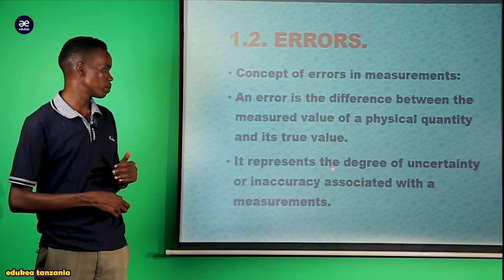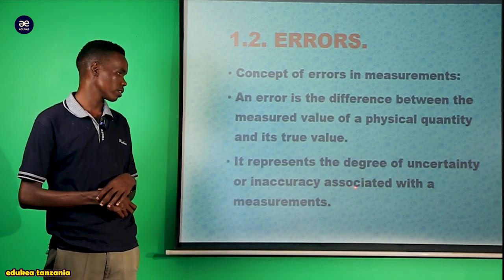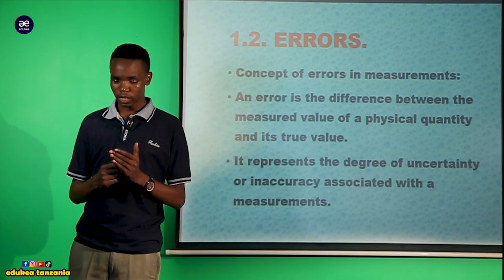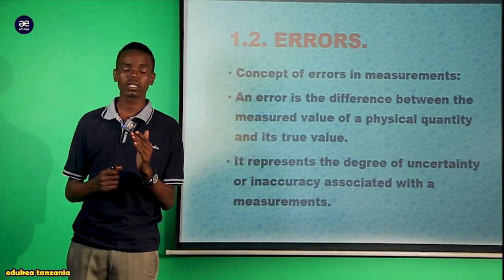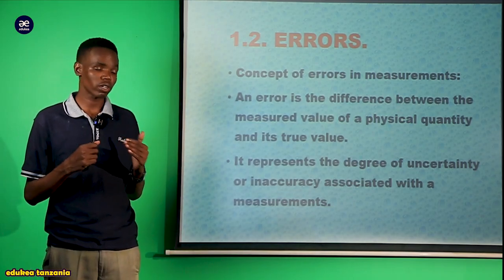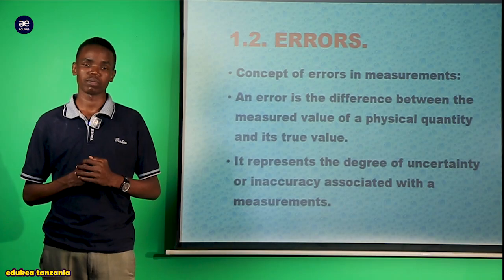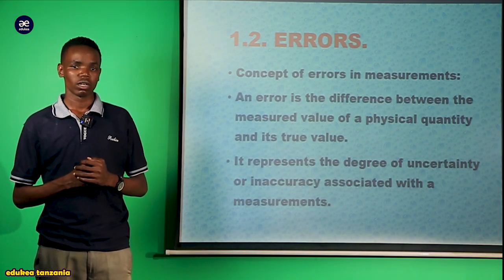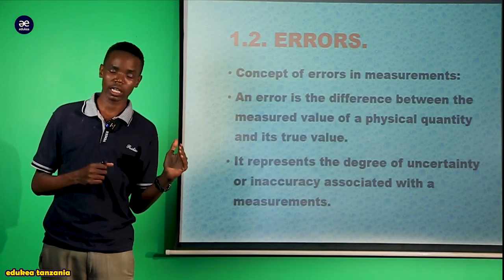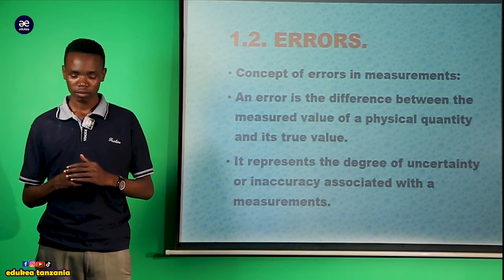And it represents the degree of uncertainty or inaccuracy associated with a measurement. Always these errors give uncertain or inaccurate data during the measurements. Inakuwa inatupatia data ambazo sio za uhakika. That is the meaning of the value of the errors.